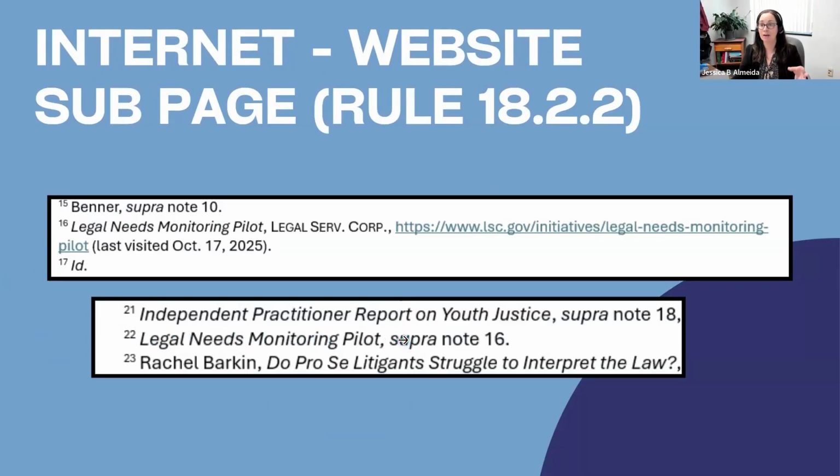Now, I didn't have an author, so I used the title and I used the same format as the title. So notice that it's italicized, comma, supra, which is also italicized, note 16, and then a period. And what I'm telling my reader is look at note 16, footnote 16, and that's where you will find the full citation.